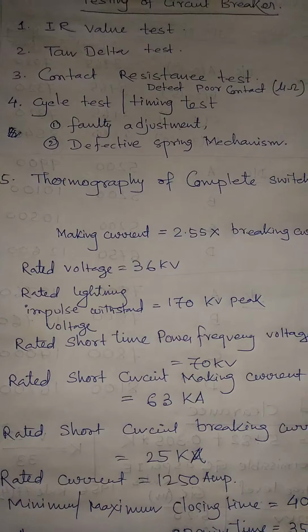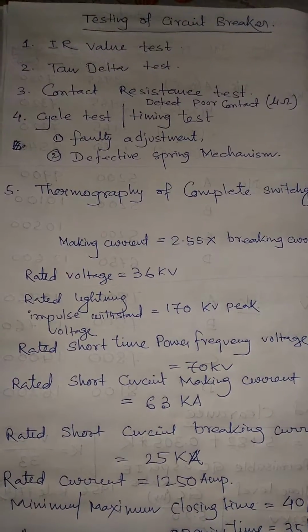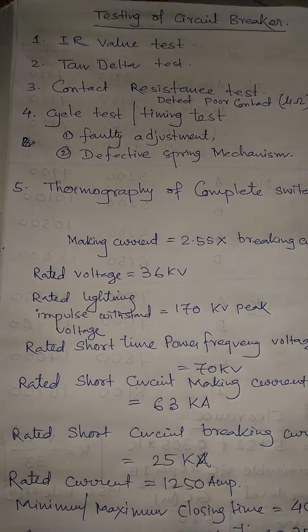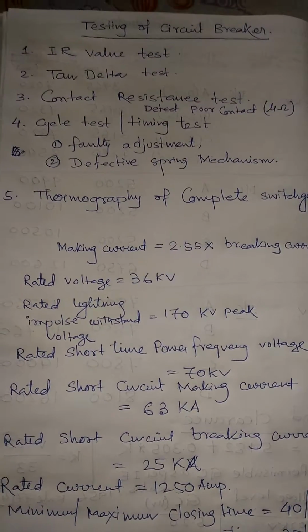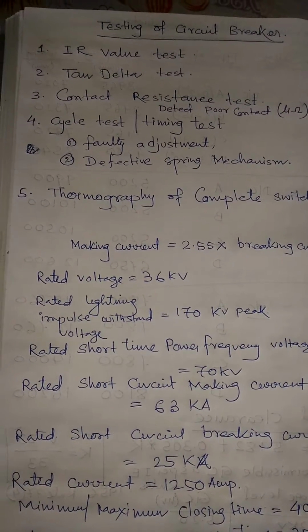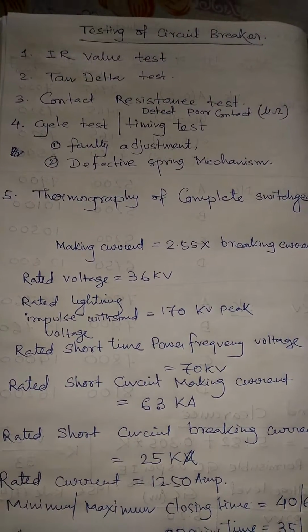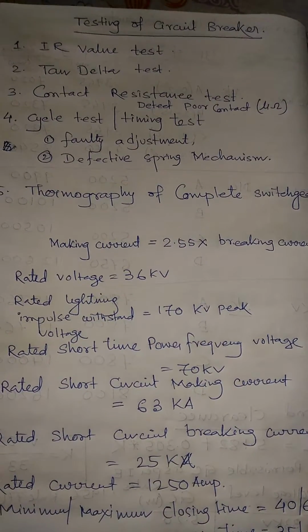Is the closing mechanism of the breaker properly closing the breaker, or is the opening mechanism of the breaker properly opening the breaker? We get this idea from this test, and this test has a predefined value from the manufacturer. You just have to check that the value is within the permissible limit.